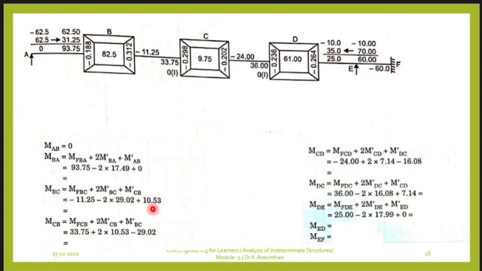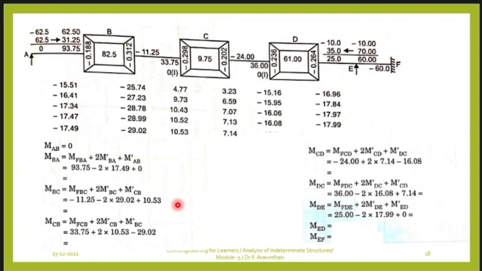So here you have written 10.53. What is your answer? 58.77 for MBA, and MBC you got minus 58.76. BA and BC value is 58.7.